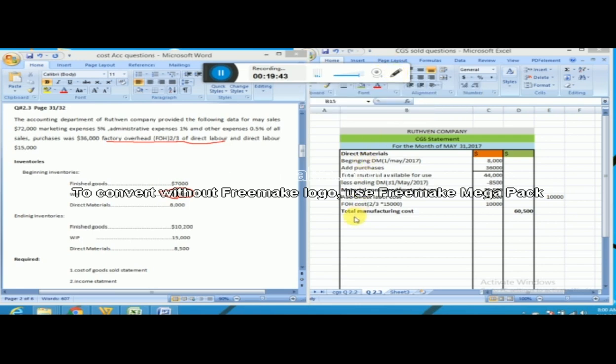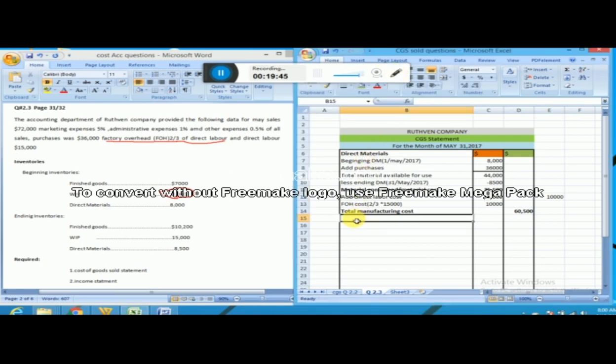So first we will add that one. So beginning, that is called beginning work in process, WIP. Beginning work in process means that this is the process which remains from the previous month, 1st May.